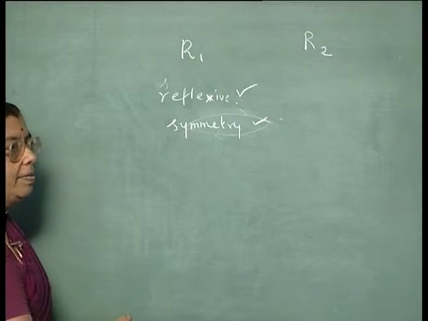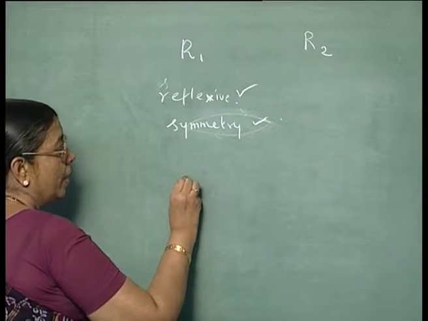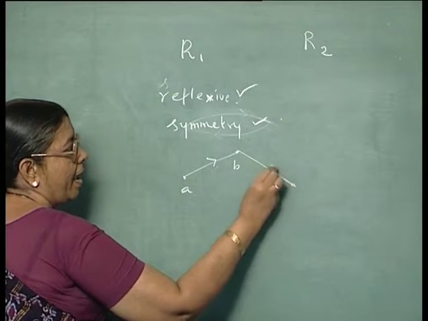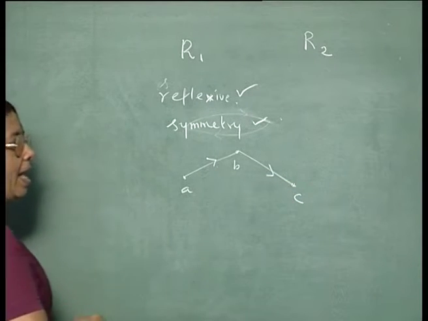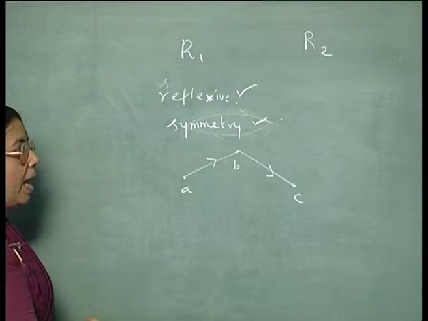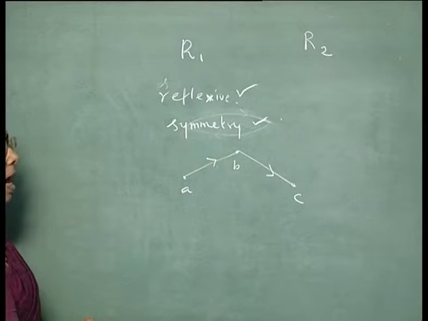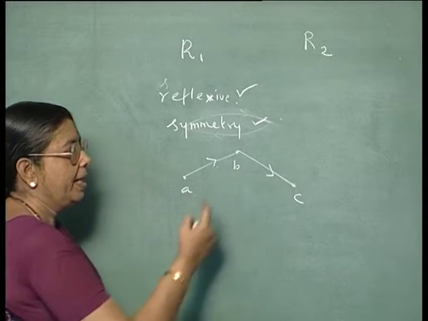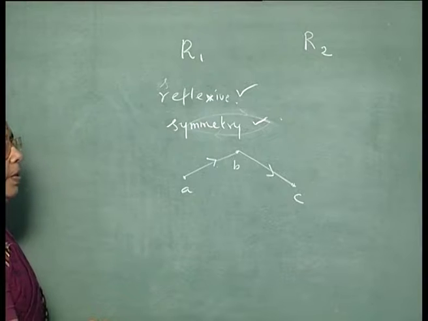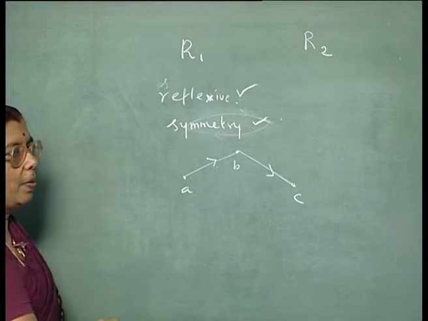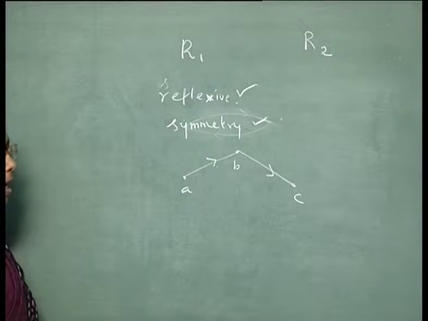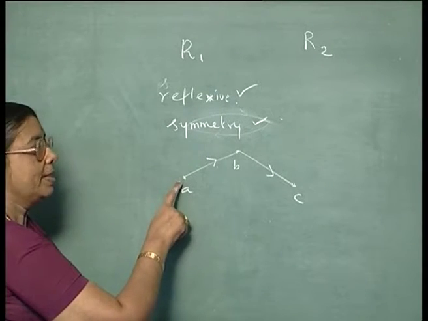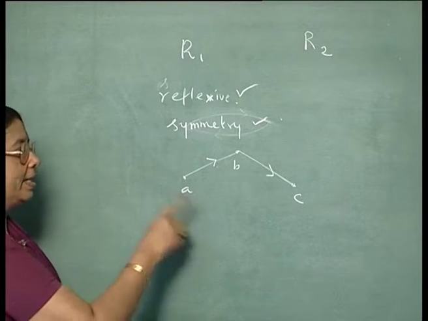What about transitivity? Now, if you have AB and BC in R1 and in R2 also, then they will be present in R1 intersection R2. But R1 is an equivalence relation, so it is transitive.